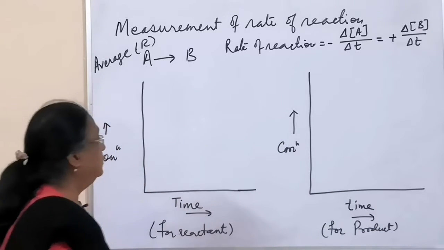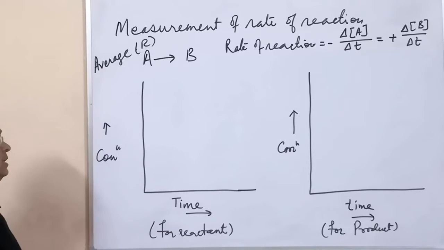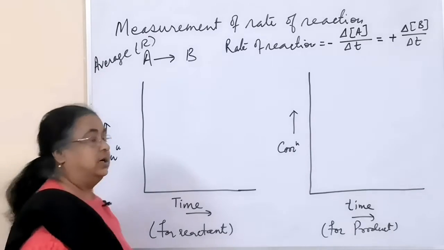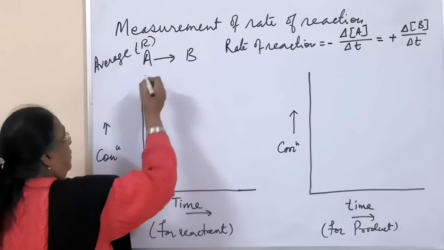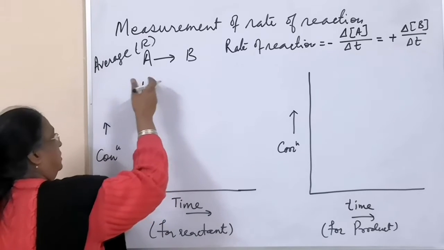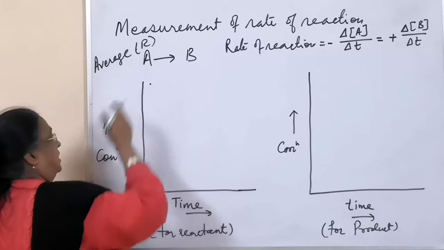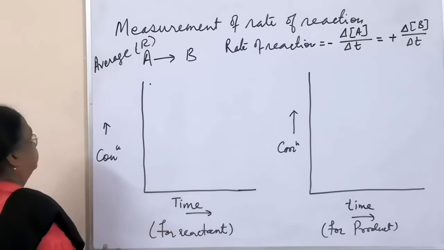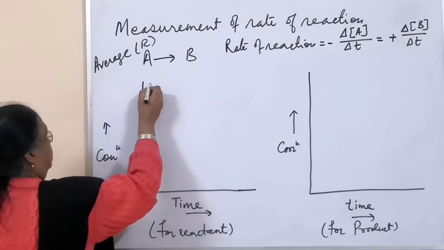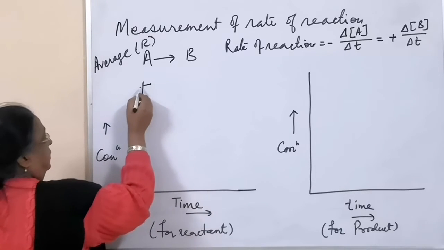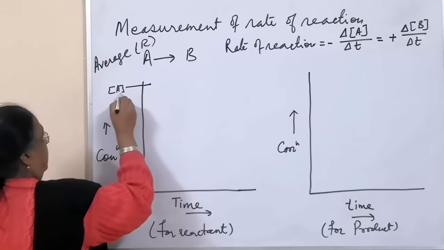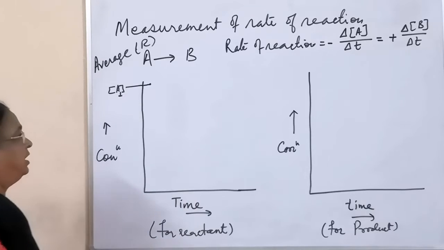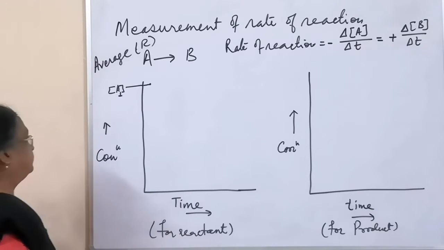As you know, when the reaction is in progress, we have some amount of the substance A to start the reaction. So there will be some concentration of A, with a higher initial concentration, that is quite high. If I take this point here, this particular point, the concentration is A1, meaning the initial concentration.